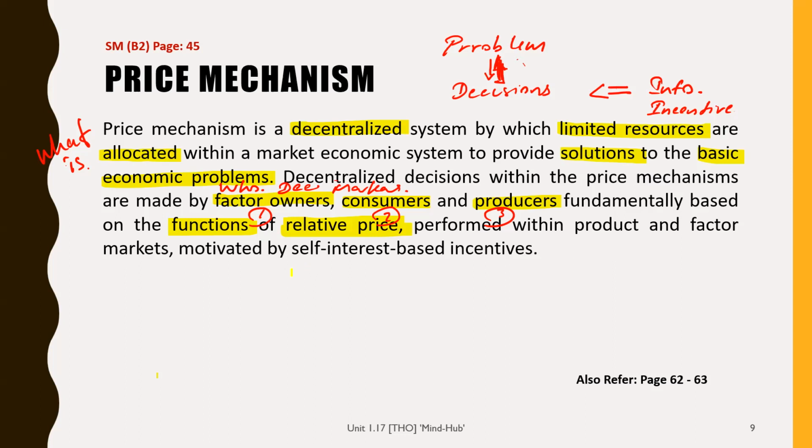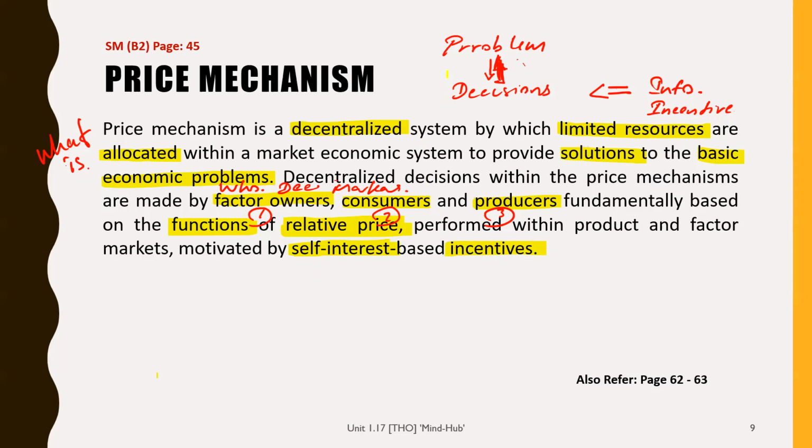Every decision we make is based on self-interest, on incentive. The main motivation will be self-interest. If someone wants to describe or define the price mechanism, it will be difficult unless you understand these key terms. It's a decentralized system whose purpose is to allocate scarce resources and solve basic economic problems.